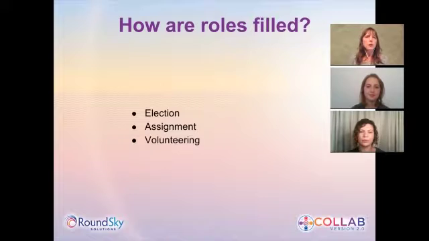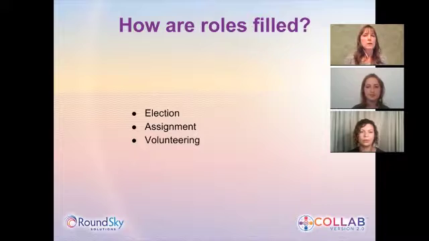And as we take a look at how roles are filled, there are three main ways to do this. Election offers the team the most participatory means of doing this. Assignment by the scope lead may be the easiest place to start because it's often the most familiar for a team. And third, we have volunteerism as an option for informal or short-lived projects.